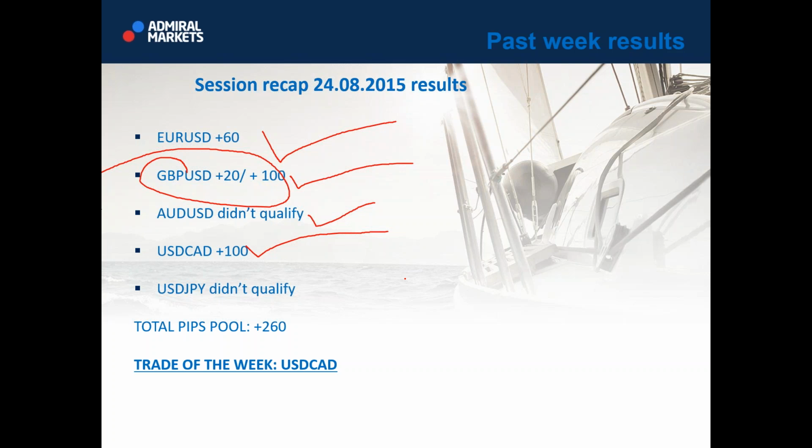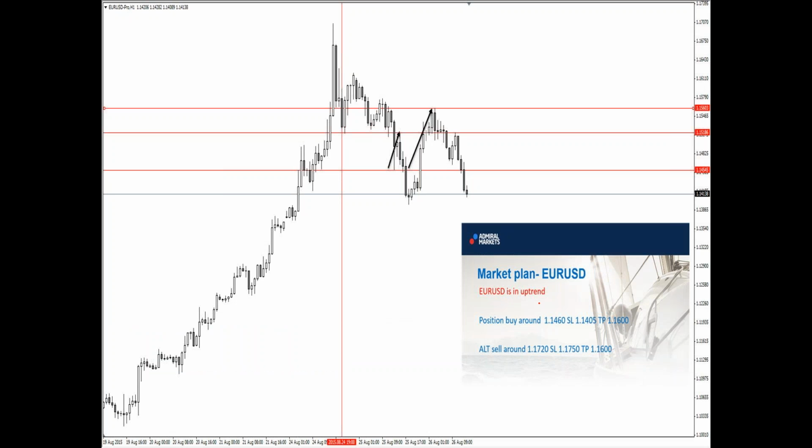So basically dollar CAD hit our target, and it was definitely the trade of the week, because dollar CAD gave us great profits for that particular trade setup. Total pips pool is 260, and definitely the trade of the week is dollar CAD, okay?